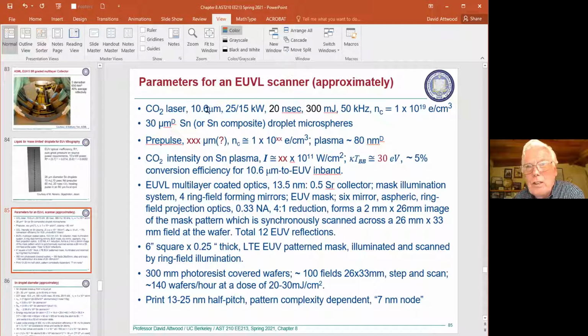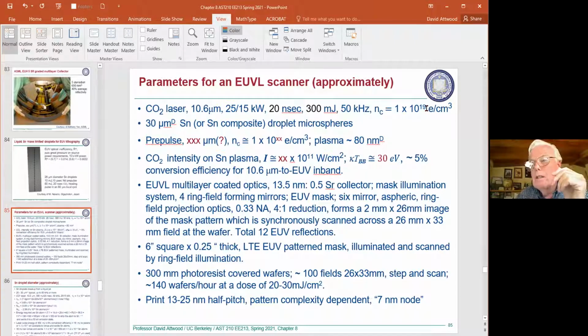For CO2 at this wavelength, this is the critical electron density. There's an expanding plasma around the tin where the tin droplet originally was, and it's going to be totally vaporized. But the plasma at the surface is more like 10 to the 23, 10 to the 24.